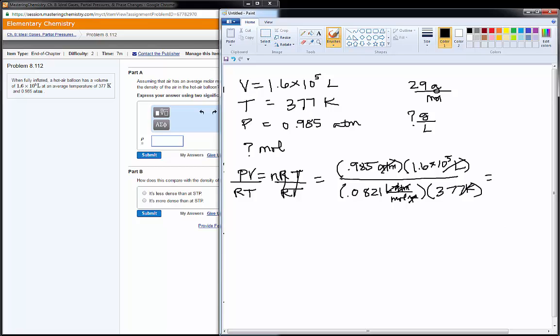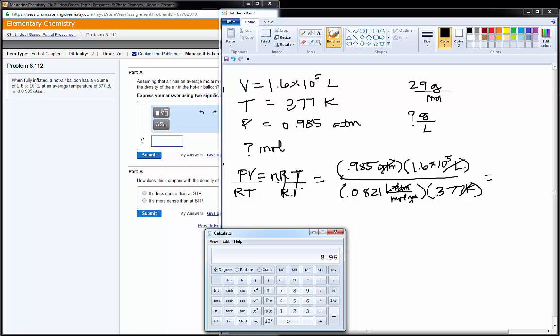And we see that this hot air balloon has 5091 moles.